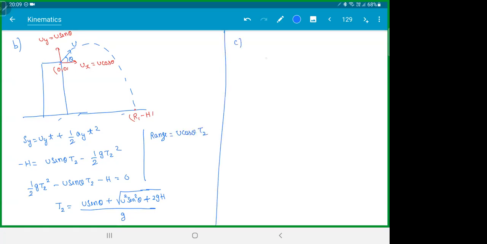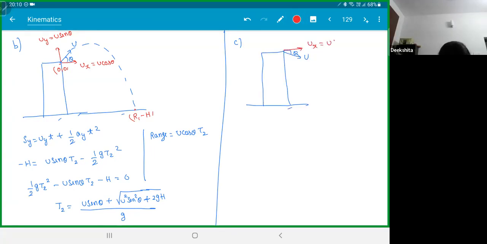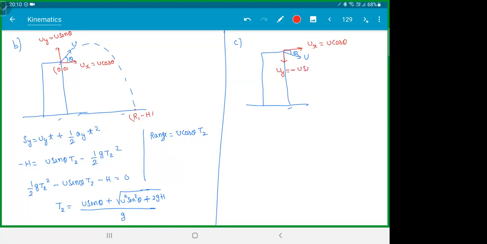Now for the third part, the only difference would be you're throwing it down. So the sign would change. uy will be minus u sin theta, because you're throwing it down, the vertical component will be down. So the equation will look like sy is uy t plus half ay t square.